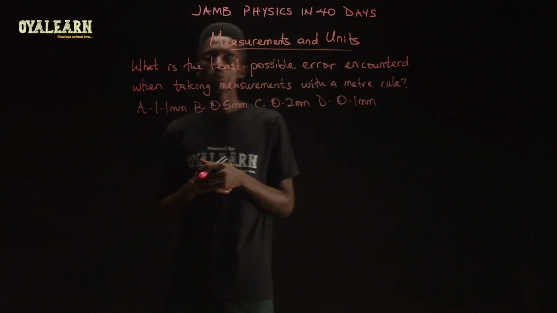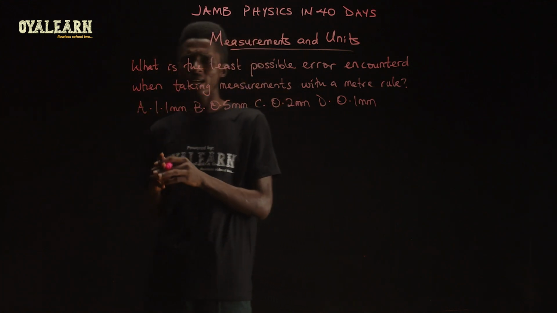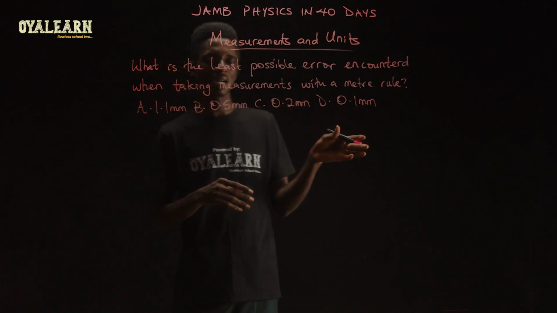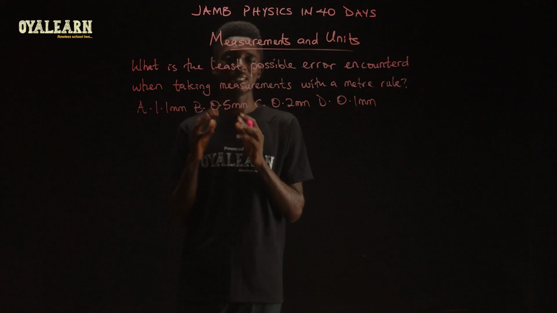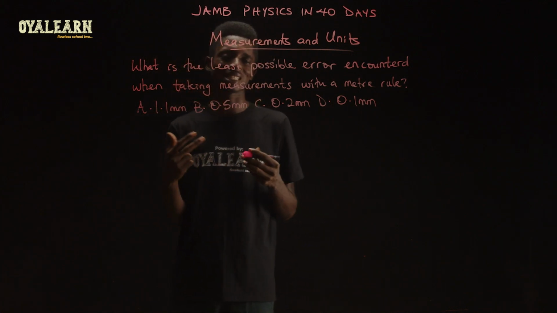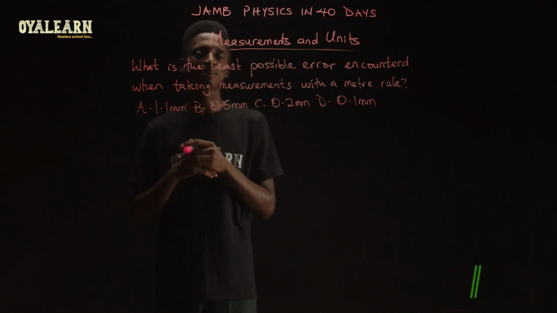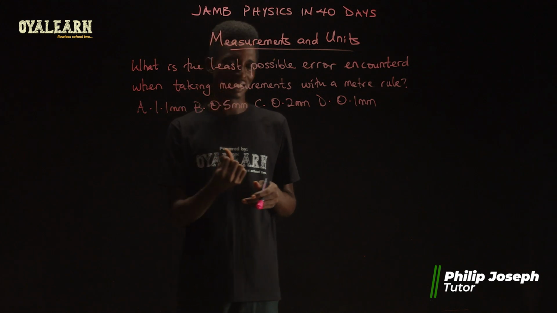In this question, we are asked, what is the least possible error encountered when taking measurements with a meter rule? Now, the meter rule is an instrument that you use to measure lengths in the laboratory, and it is graduated in millimeters and centimeters, where the highest measurement you can get is 1 meter, which is about 100 centimeters.